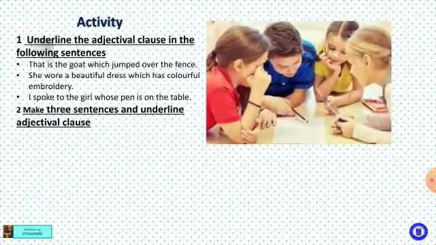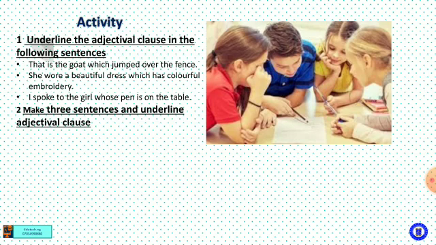Now for your activity, you're going to underline the adjectival clause in the following sentences. I have about 3 sentences here. I want you to read them critically and identify the adjectival clause in each.